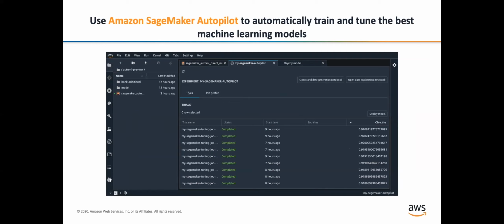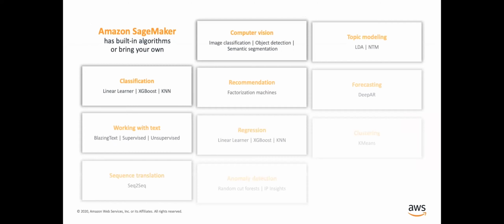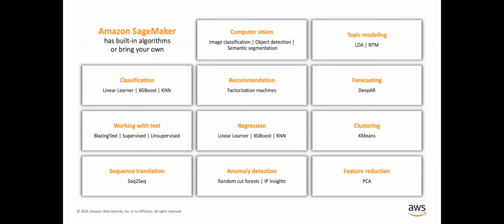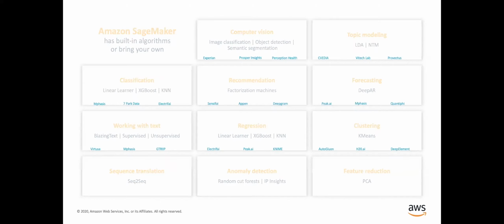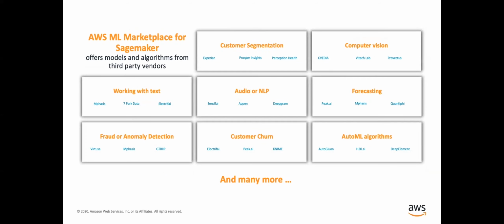Yeah, no, thank you. So this is Autopilot. You can see there are so many processes running, what time they start, what time they finish, what they deal with. These are the pre-built ones and bring your own algorithms. This is the marketplace. You can see different companies have audio, NLP, forecast.